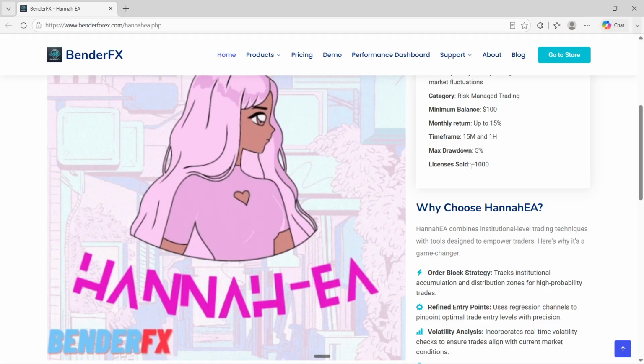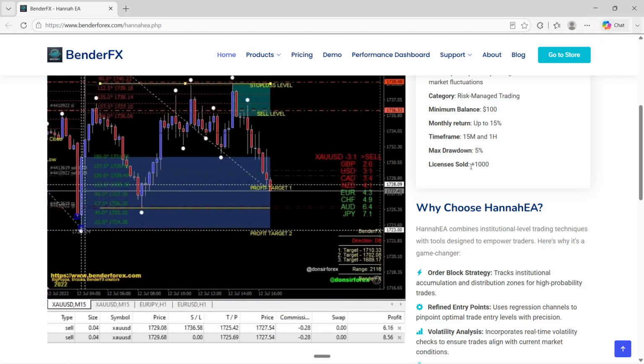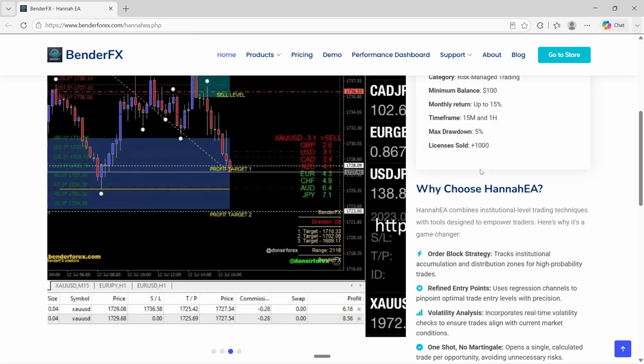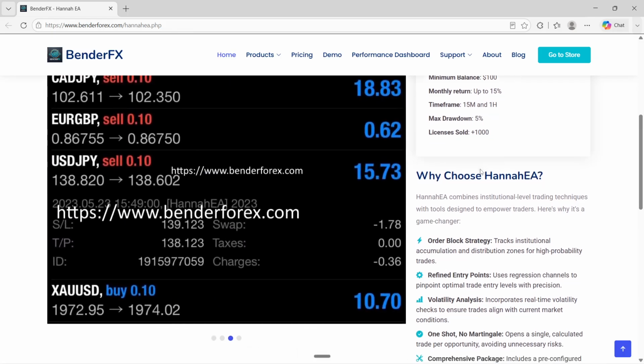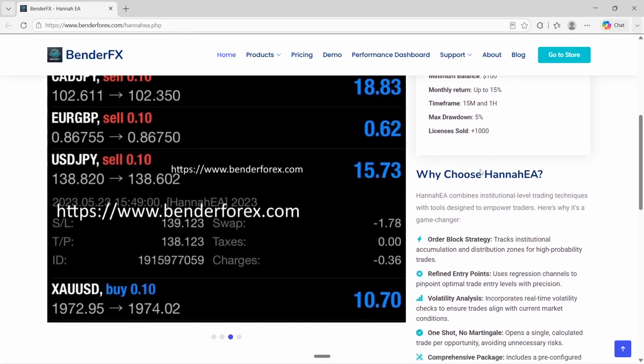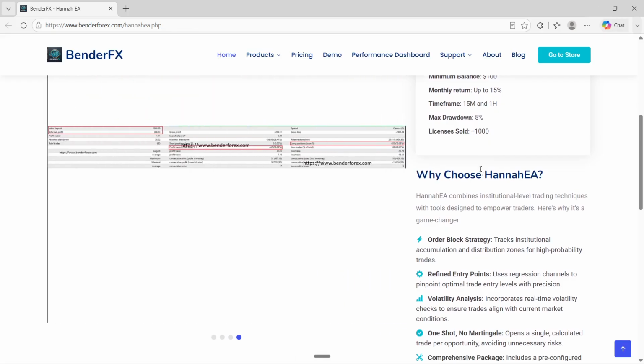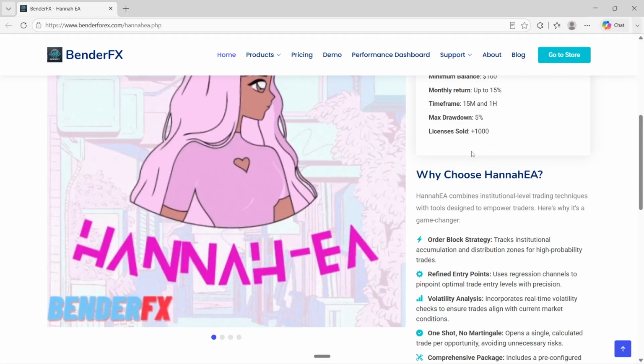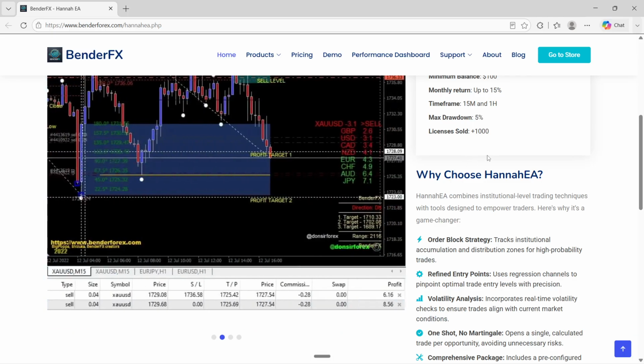As for the nuances, implications, and hidden risks, order blocks can fail. I think that's the most obvious, especially during strong news or structural breaks. Low trade frequency can make performance evaluation slower. No news filter still requires manual intervention around major events.